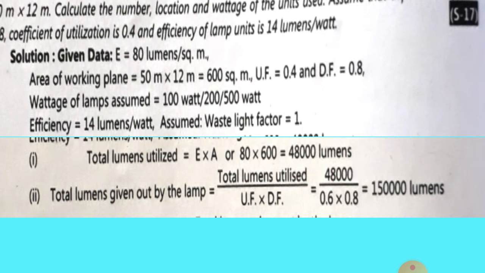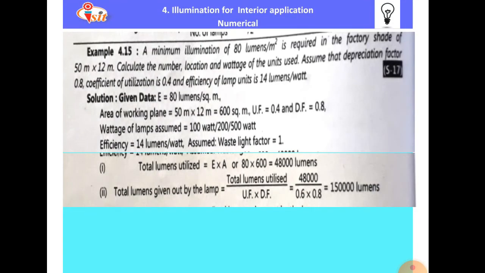Considering utilization factor and depreciation factor, 48,000 divided by 0.6 and 0.8, the value comes out to 1,50,000 lumens. These are the gross lumens given out by the lamp for that factory or workshop.